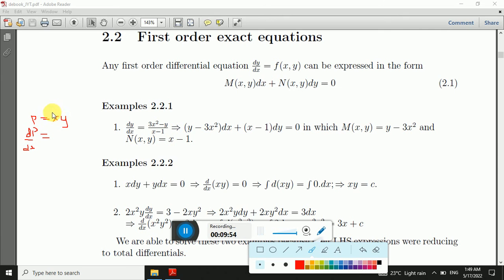You first have the x, then dy/dx, plus y, then dx/dx.